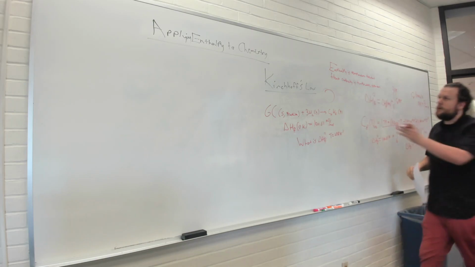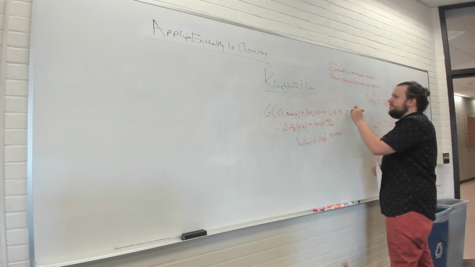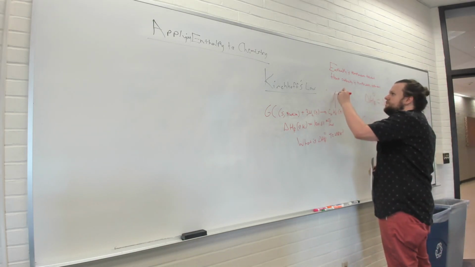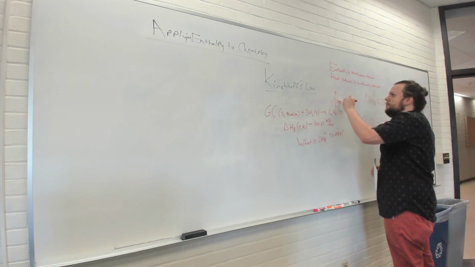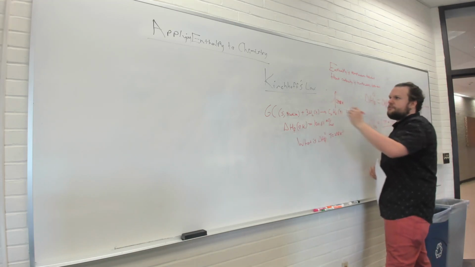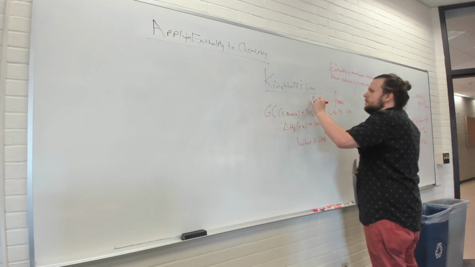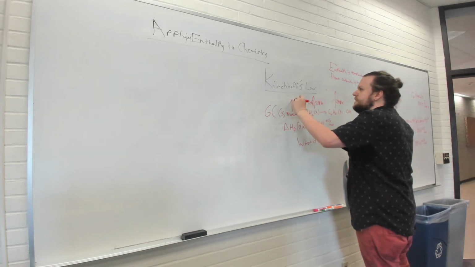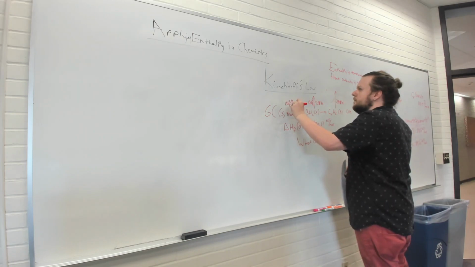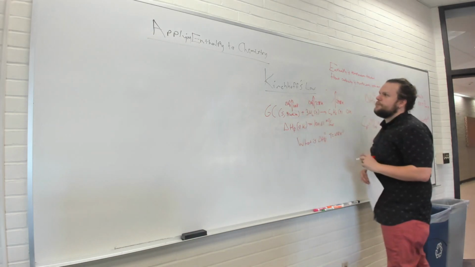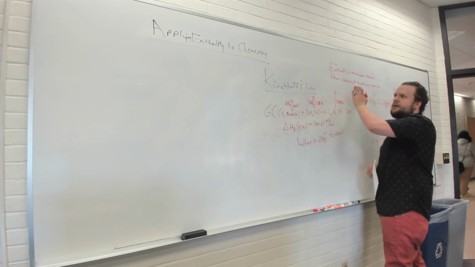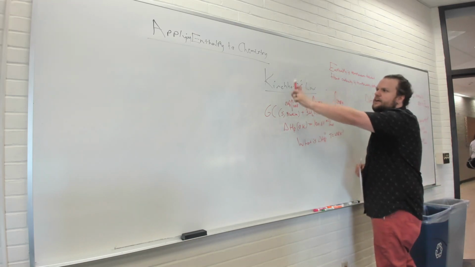We would take this one, let's say this is at 0 Kelvin. We would boost this one to 298 Kelvin, by using Kirchhoff's law, we would boost this one to 298 Kelvin, boost this one to 298 Kelvin. We would have new values at 298 Kelvin, and we could calculate the difference there.